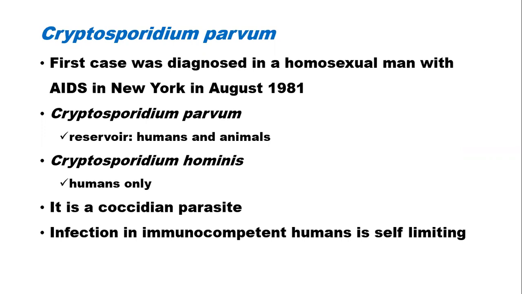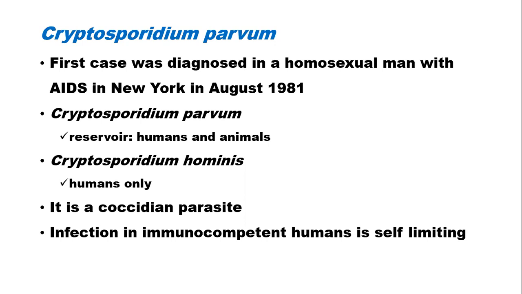It's a leading agent of diarrhea in young children. The first case in a homosexual man with AIDS was diagnosed in August of 1981. So it became an opportunistic agent associated with people with HIV/AIDS.